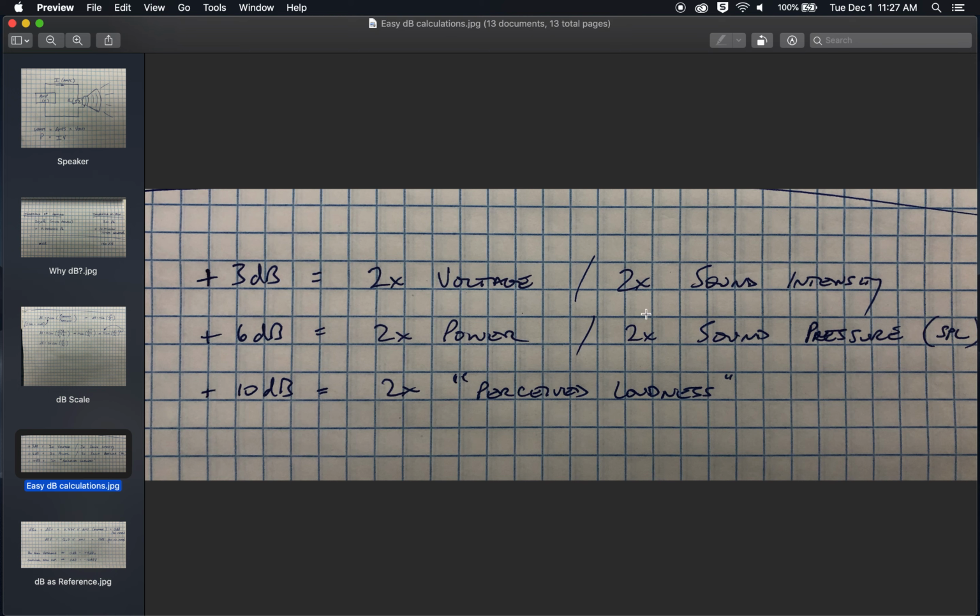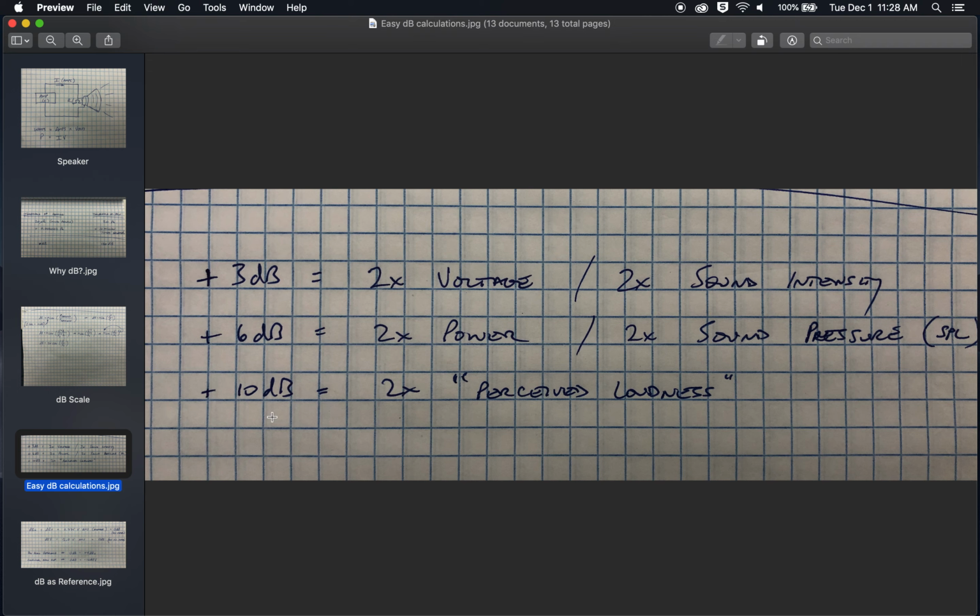But some cool things when we're dealing with decibels is that there are some easy calculations or references that we can make. An increase of 3 decibels is equivalent to double the voltage or double the sound intensity. An increase of 6 decibels is a doubling of the power or a doubling of the sound pressure, or SPL, sound pressure level.